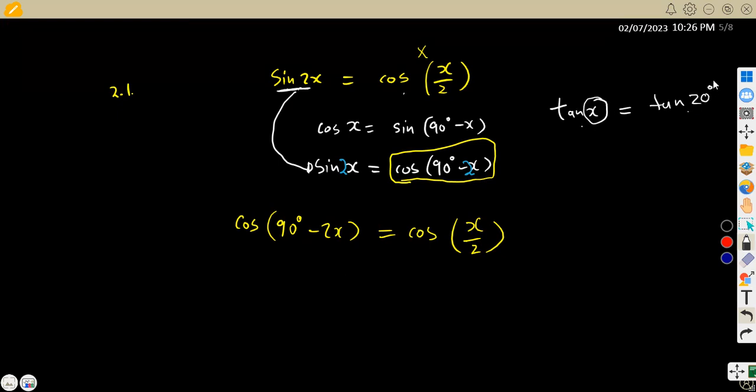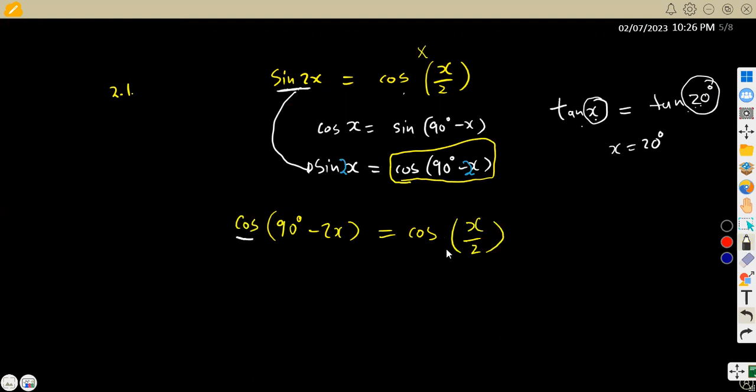So x here will be equal to 20. There's no other way unless you change the 20 to another equivalent angle. But as it seems, x will be equal to 20 directly. This is the same reason that we now have the power to equate these two.